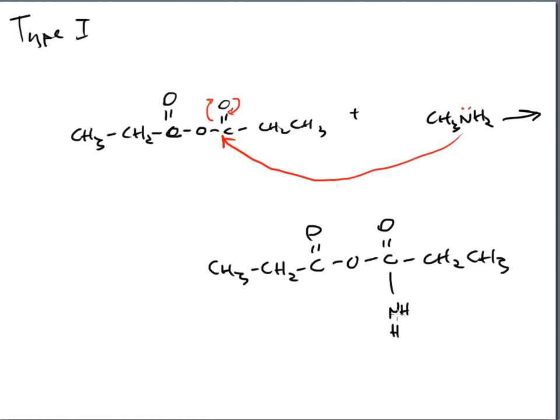So here is my N and my H and my H and my CH3, and that fourth bond is going to go to the carbon. Just like before, that overloads nitrogen. That's not very good for it. It doesn't want that to stay around. So it wants to get rid of the positive charge so it can become neutral, and the only way that it can do that is get rid of a hydrogen.